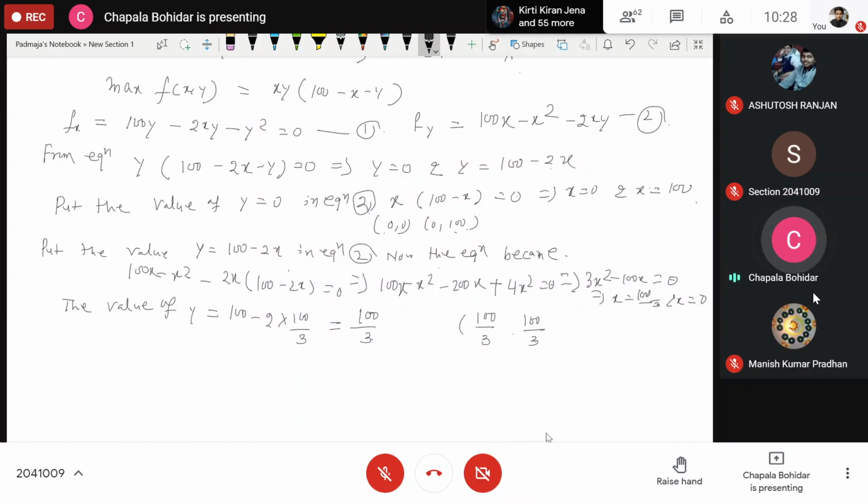y is equal to 0 first. By putting y is equal to 0 in equation 2. In equation 2, yes, y is equal to 0 also, by putting x is equal to 100 here. I've forgotten to do this one. x is equal to 100.